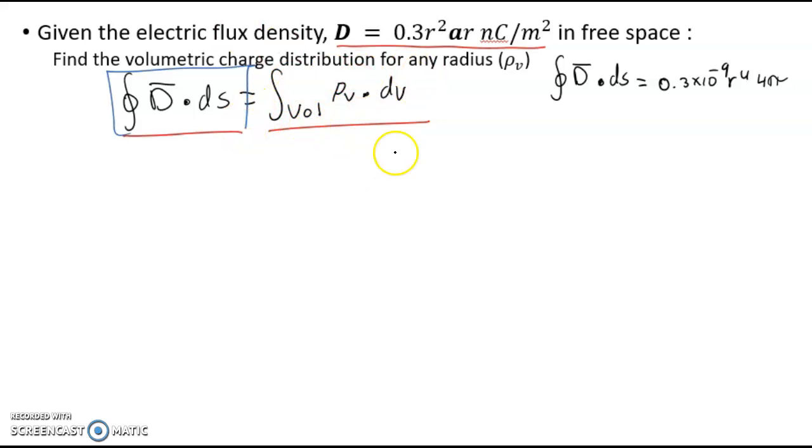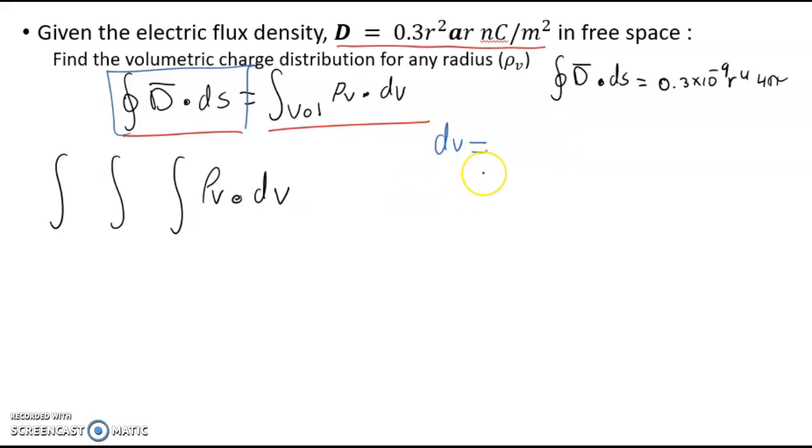So we have to work now with this part. It's going to be a volume integral, that means a triple integral of rho v times dv, not dS, but dv. And if we remember, dv for spherical coordinates is going to be r squared sine of theta dr d theta d phi, just like that.